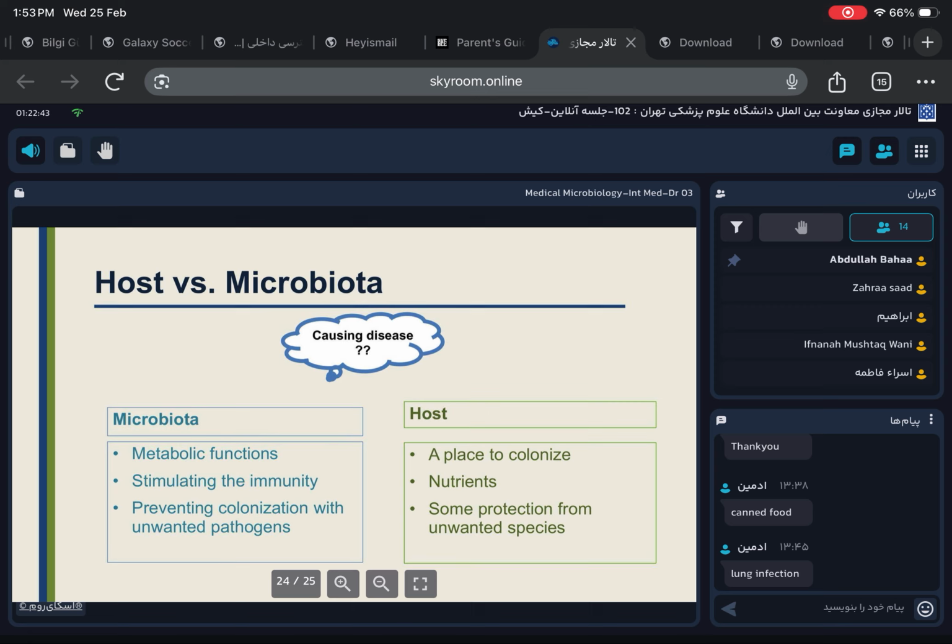For example, in the intestine, there are microorganisms which can help with the digestion of food. And the microbiota also stimulate the immune system. It helps the immune system to stay alert, so if pathogens enter into the body, the immune system can respond very fast and quickly.